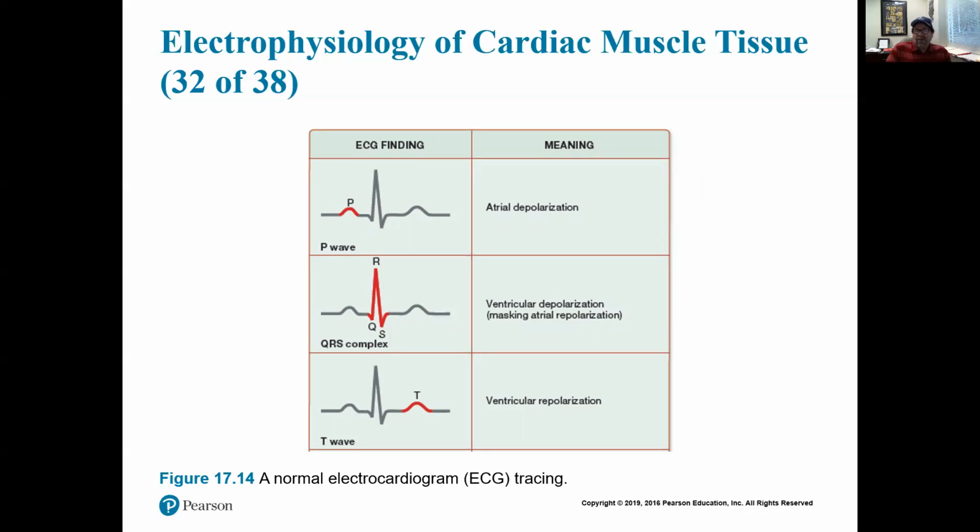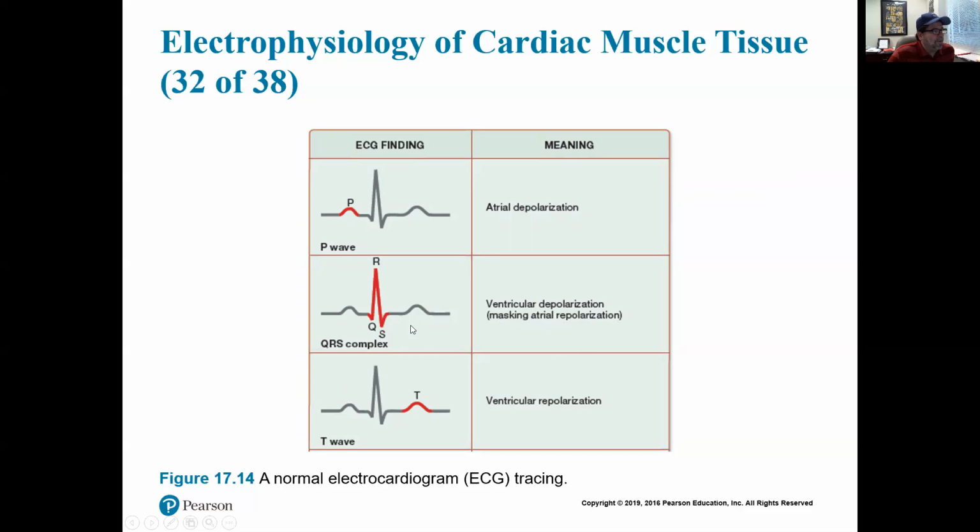So we're actually measuring the electricity that your heart is giving off, and it can be measured by putting the EKG leads on the wrist and ankles. So the P wave represents atrial depolarization. The QRS wave represents ventricular depolarization, which is also masking an atrial repolarization, returning the atria back to normal. And then the T wave is ventricular repolarization.